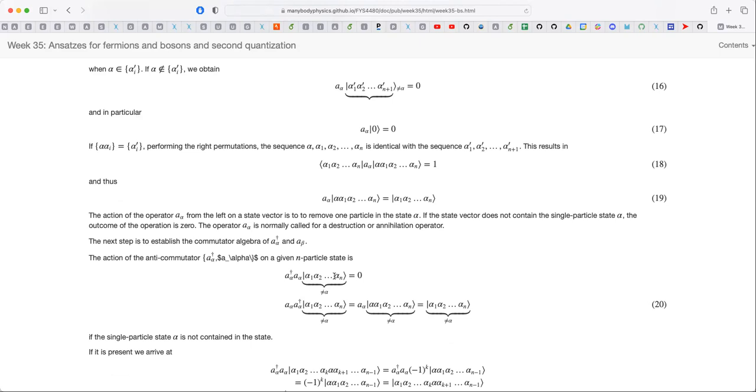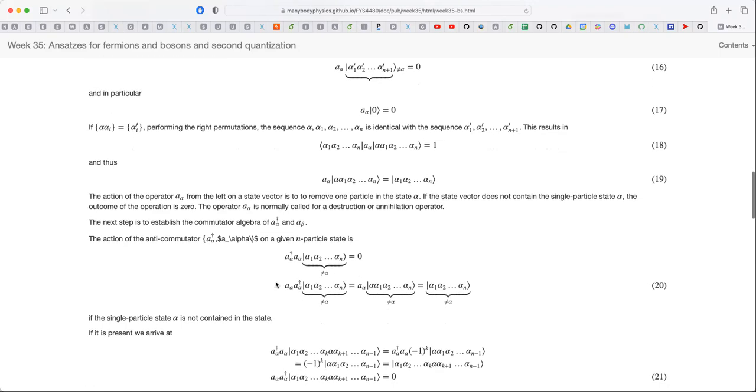So that means that this A alpha is just acting on the vacuum state. So then it has to be 0. That sounds pretty plausible.